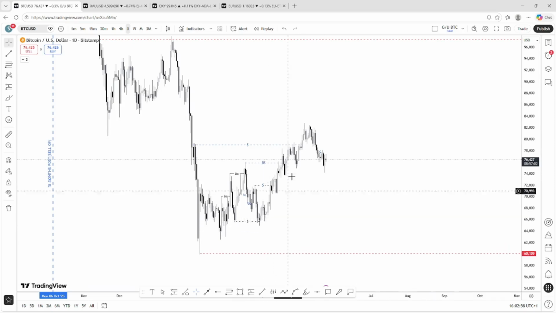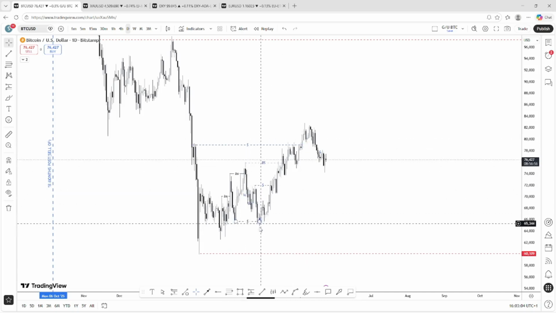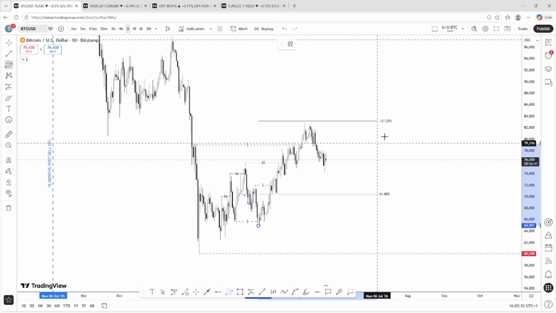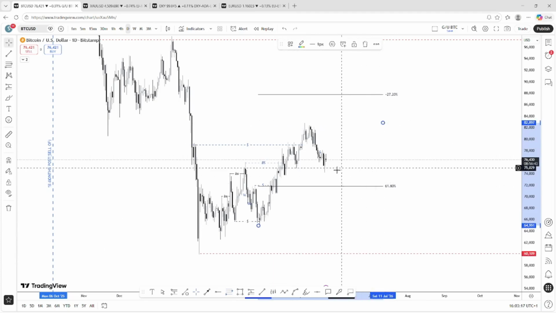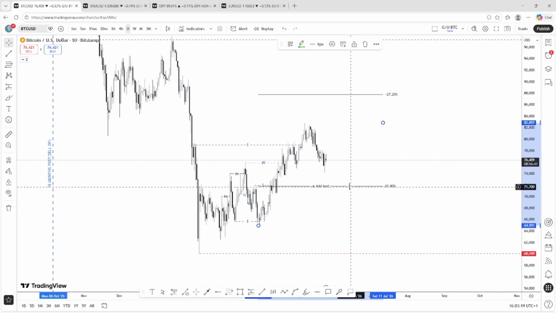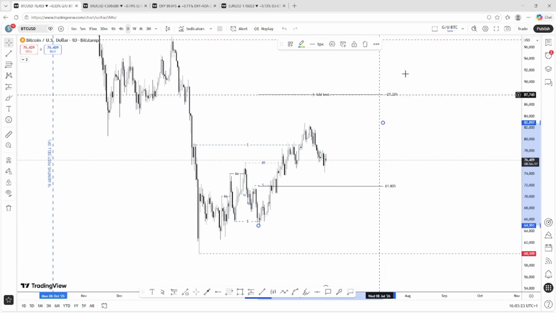Yes, if you are to follow the daily structure, this is the low that printed this high, and so we are anticipating for price to at least push to these levels before we continue to the upside, if there is any room for that move.